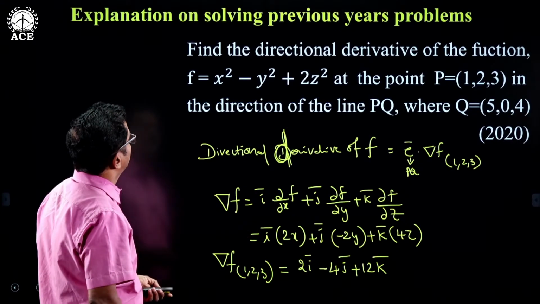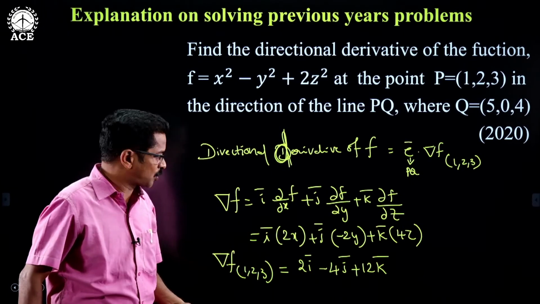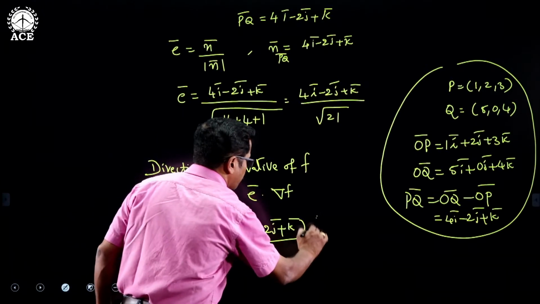Dot del F. What is del F we got? 2i bar minus 4j bar plus 12k bar.